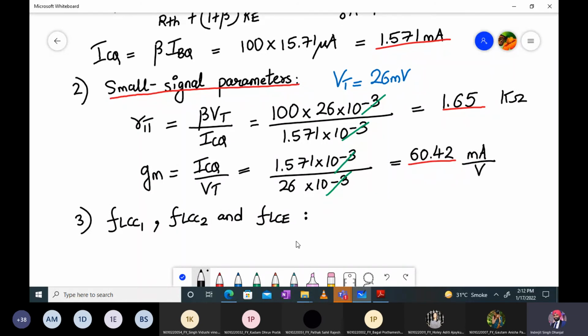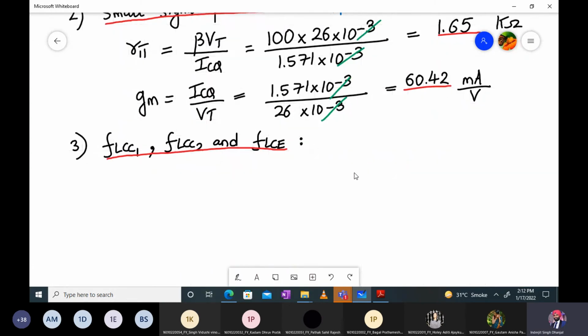It's not a requirement that you have to draw the low frequency equivalent circuit. If they have mentioned in the numerical that you have to draw it, then you have to. Otherwise, for most numericals, it's not necessary.